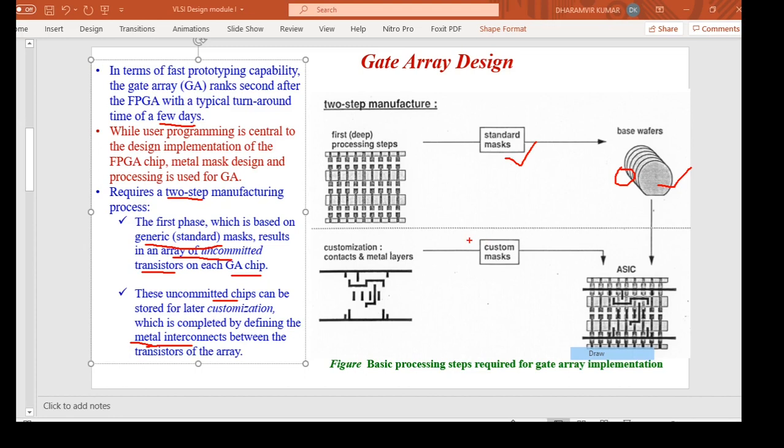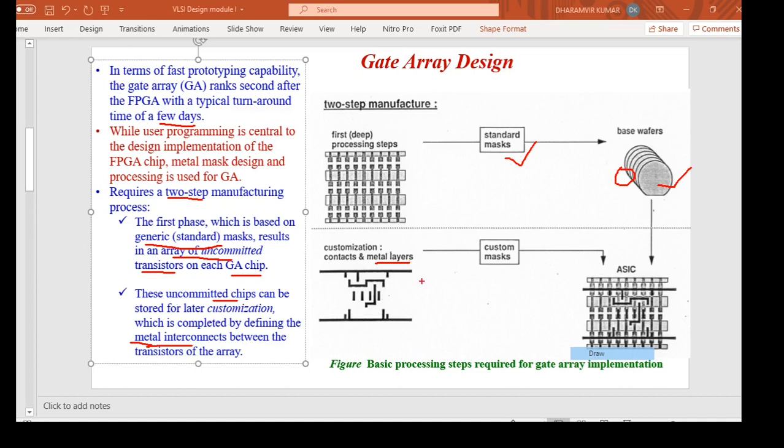Then how do we connect transistors? We connect transistors with the help of metal layers. Metal layers act as interconnecting wires between different transistors, and these wires will be responsible for carrying signal from one transistor to another transistor and so on.